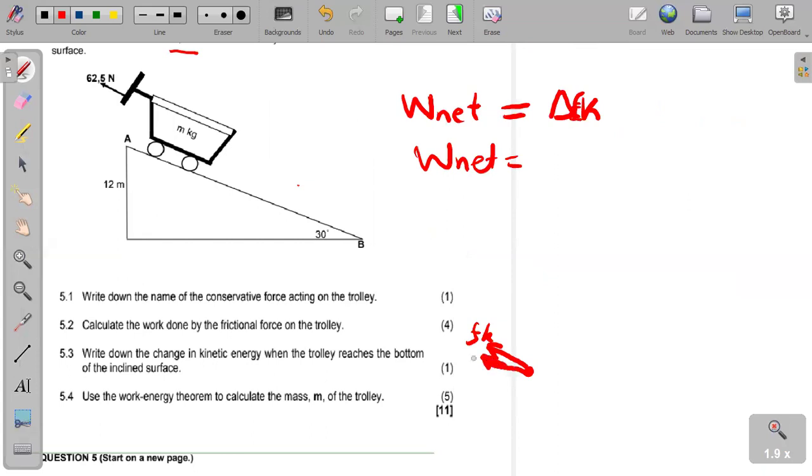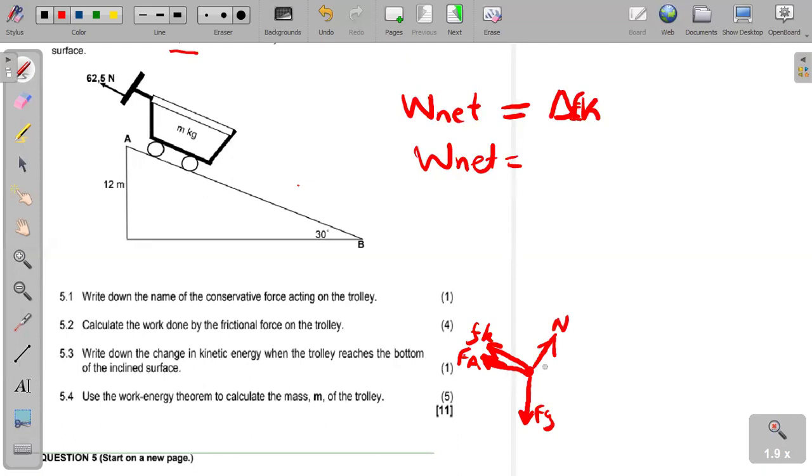So there is our applied force of 62.5 Newton. Then we happen also to have the gravitational force acting downwards. There is our gravitational force acting downwards. And then there is our normal force acting upwards. These are the forces.